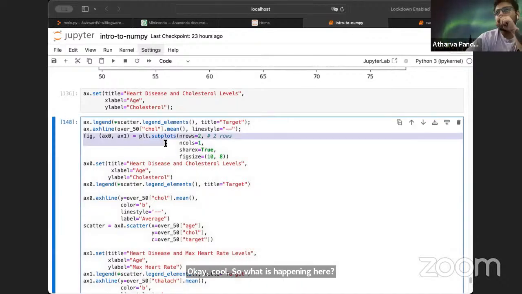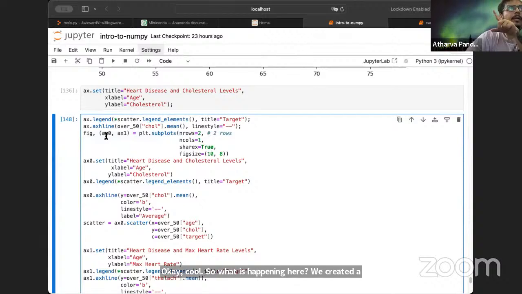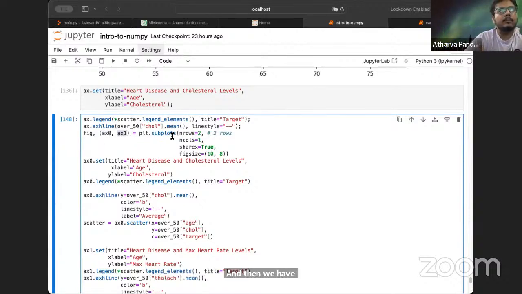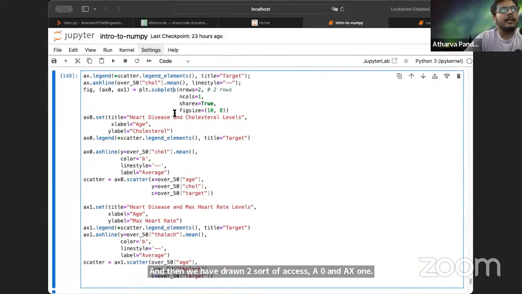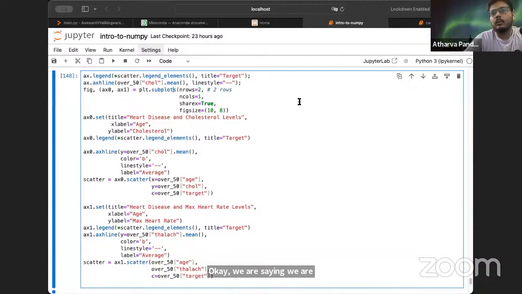We created a figure. We are using the object-oriented interface. And then we have drawn two axes, AX0 and AX1. And we are doing a subplot. We are saying give us two rows and two columns.